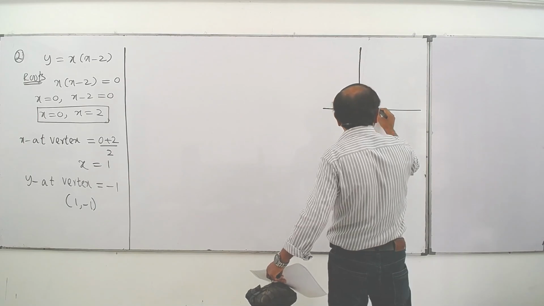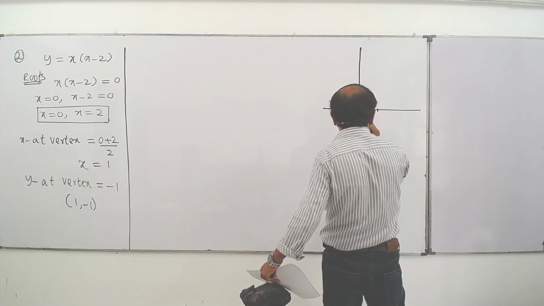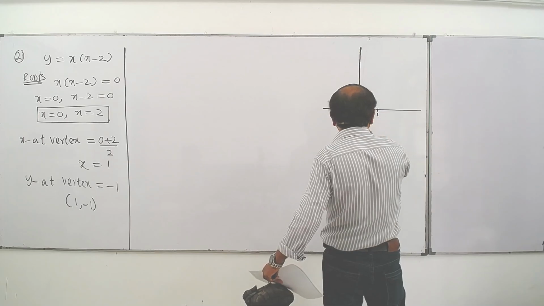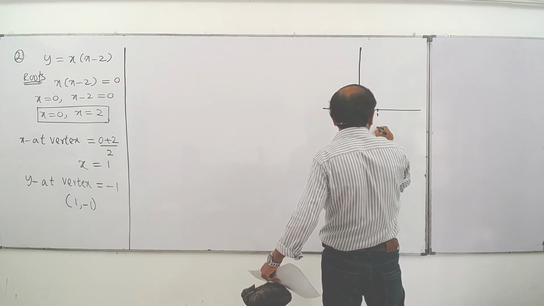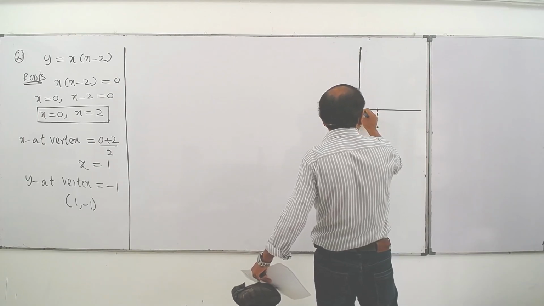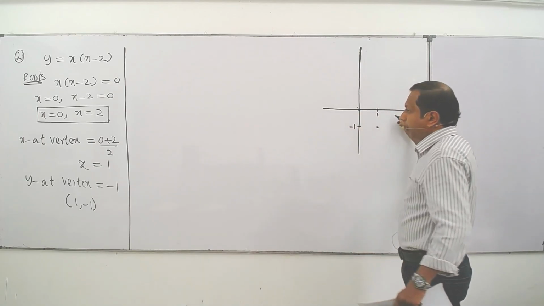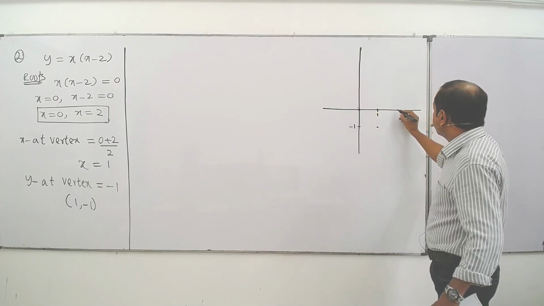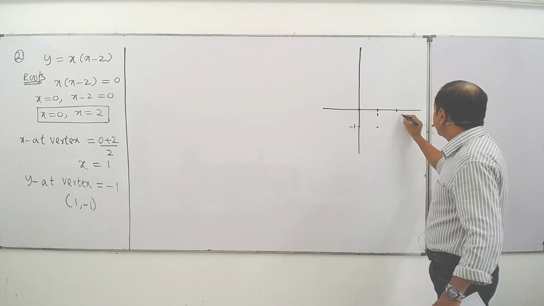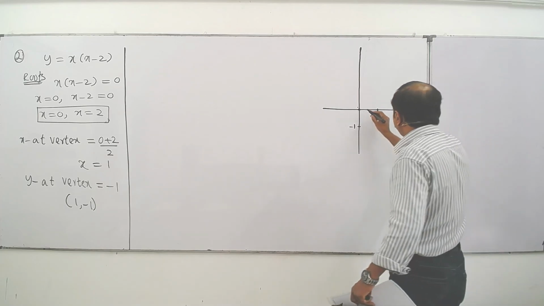The vertex is (1, -1), this here, right? Here 1, here -1, vertex here. Then the graph passes through this point, and the other coordinates, the root is 2, here. 2. And the graph is this, no?